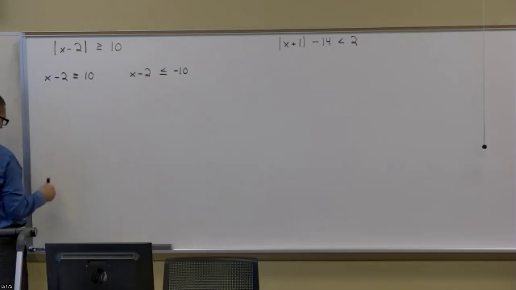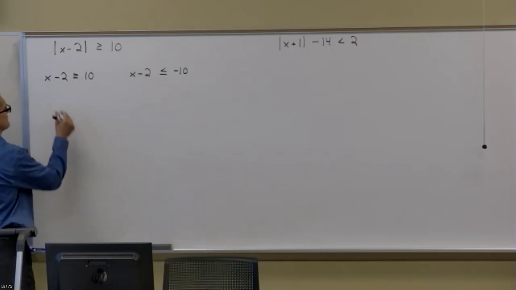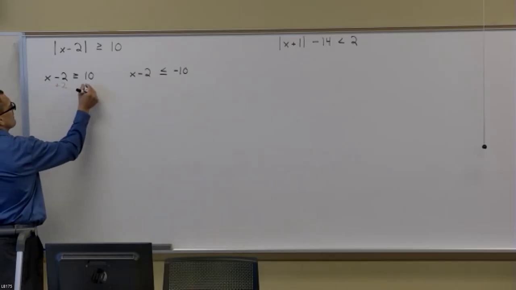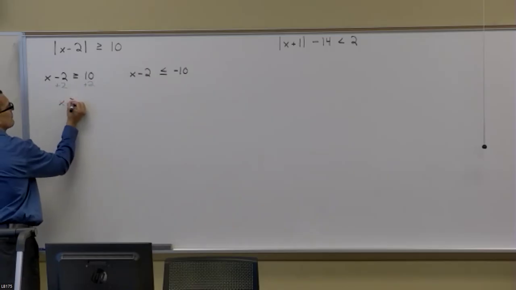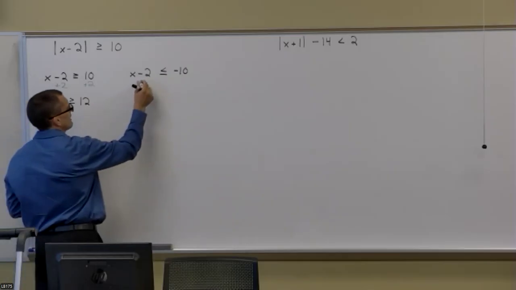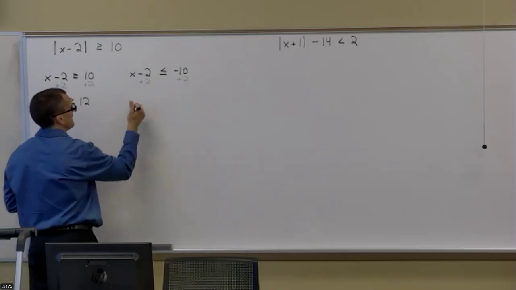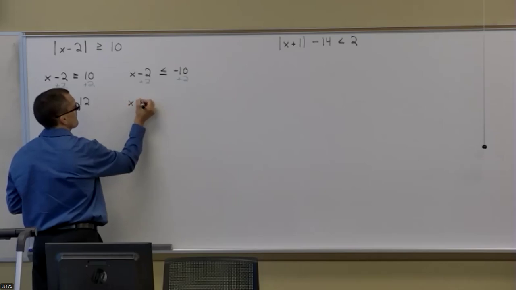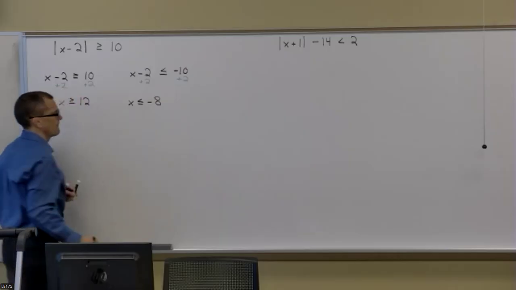And now I just do my standard thing of solving, add 2 to both sides. That doesn't change the sign. We get x greater than or equal to 12. Over here, when I add 2 to both sides, I get x less than or equal to negative 8.